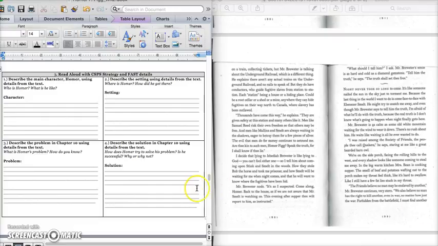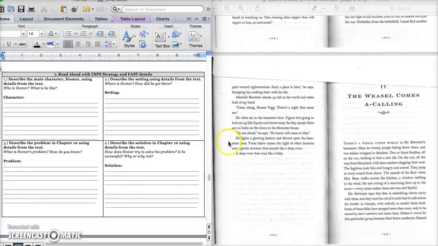So when we're thinking about our solution, we don't really have a solution to Homer's problem yet. He's afraid. And we know that Mr. Brewster tells him not to be afraid, and he shows him what's in the basement. And we can infer that there are people in the basement. And now we're thinking, well, why would Mr. Brewster hide people in his basement?